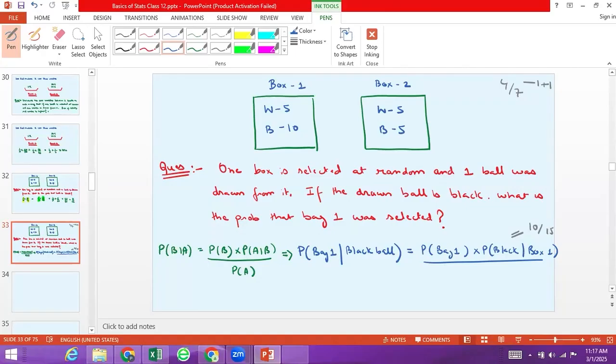You are right, but it will get multiplied with the bag 1 probability, and the probability of drawing a black ball will be in the denominator. Like if it is B given A, then B comes first. So for probability of bag 1 given black ball, the probability of bag 1 will come on top.